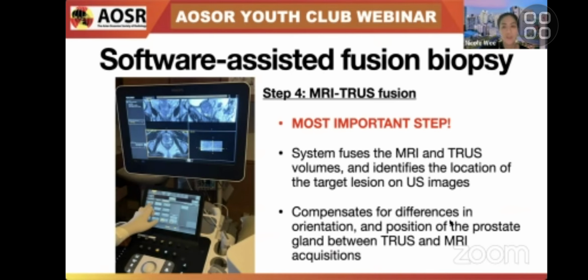Rigid fusion compensates only for the rotational and translational differences in the orientation of the gland. The technically superior non-rigid or elastic fusion method also compensates for geometrical differences in the gland between the MRI and TRUS volumes. And once fusion is complete, the biopsy can then be performed.